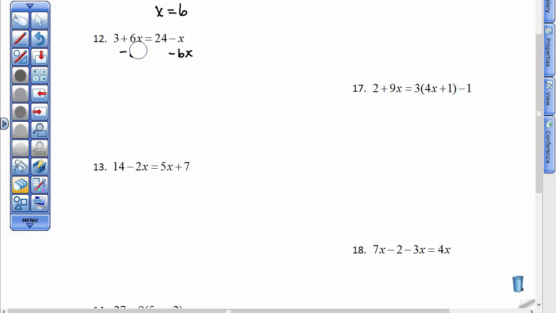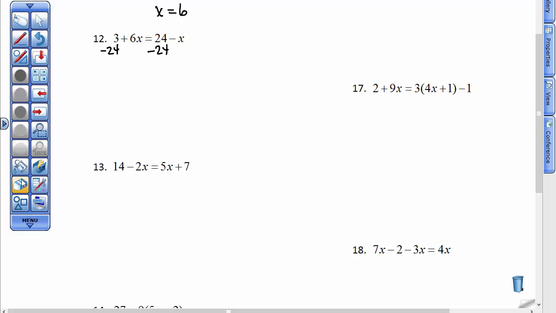Another one of your choices is to take that 24, and to get rid of it, you could subtract 24, because it's a positive 24. See, right in front of this 24, there's nothing there, so it's a positive 24. So you could take away 24, but you'd have to take 24 away from the 3 as well.